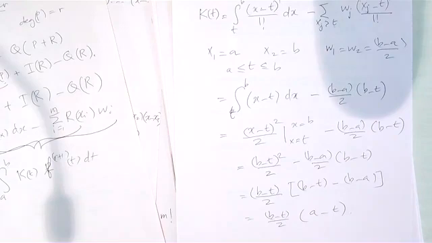I think I did this calculation in the lecture notes, so if you look at the lecture notes, for the midpoint rule, if t is between a and the midpoint, then the kernel can be expanded like this, and if t is between the midpoint and b, then k is written like this.